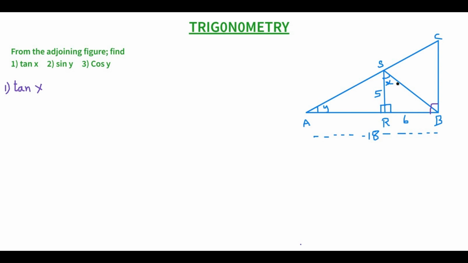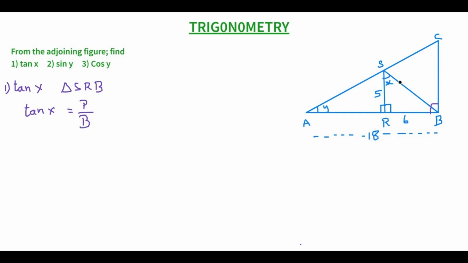Let's take the triangle SRB, which is right angled at R. And what is the value of tan in this triangle? We know RS is 5 and RB is 6. So we know how to write tan. Tan x equals, right, perpendicular by base.